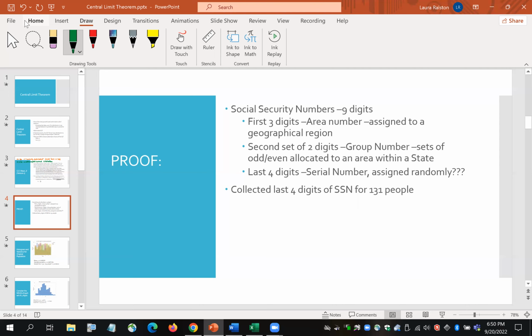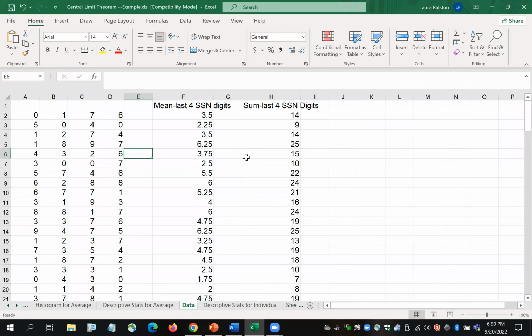Well, I don't know what kind of distribution that is, so I have an unknown distribution. I created a spreadsheet. I took Excel and I entered those 4 digits. So I have 131 rows where I have the 4 digits, and each digit is in its own column.